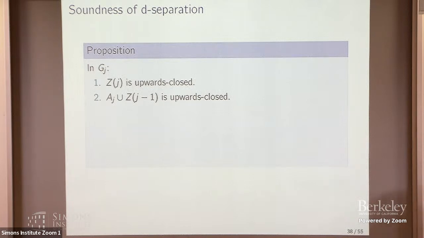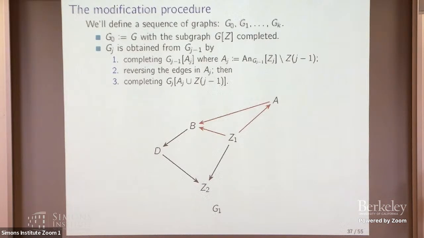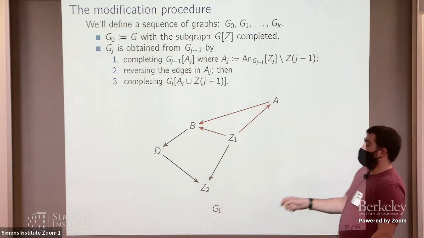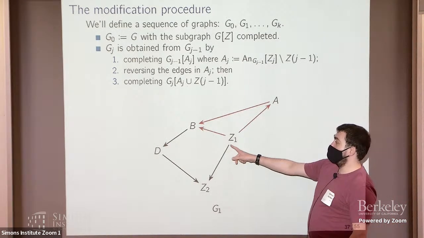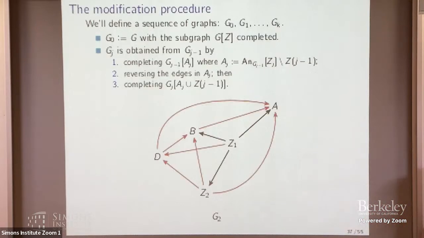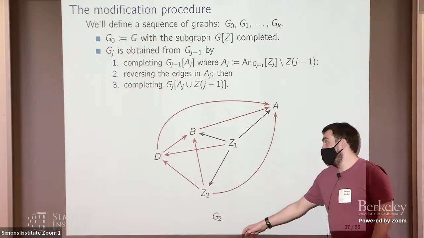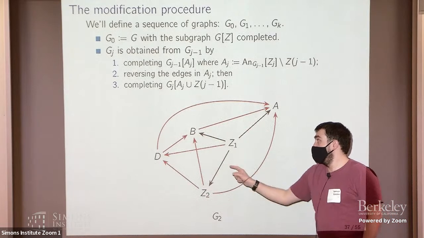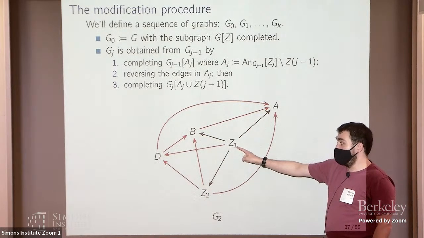After we've constructed Gj, the ancestors of Zj union Zj minus 1. In this case, for G1, that would be the ancestors of Z1 union all the prior Z vertices, and after G2, the ancestors of Z2 union all the prior Z vertices.